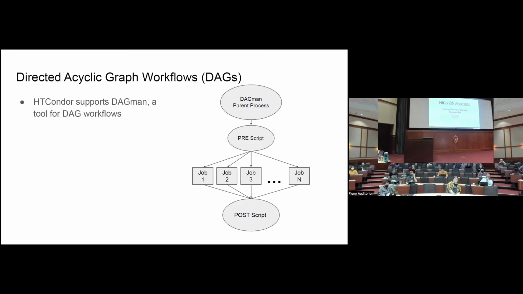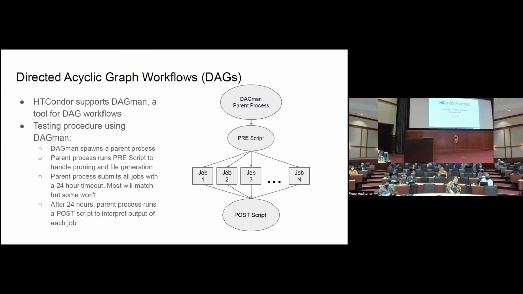We've all seen at this point, I think there was a presentation yesterday and we saw it earlier today, the directed acyclic graph workflows, and HTCondor supports a tool called DAGMan. In the context of this tool, we're using DAGMan to first spawn a parent process that lives on the execute node. That parent process will then do all the version space pruning and the file generation.